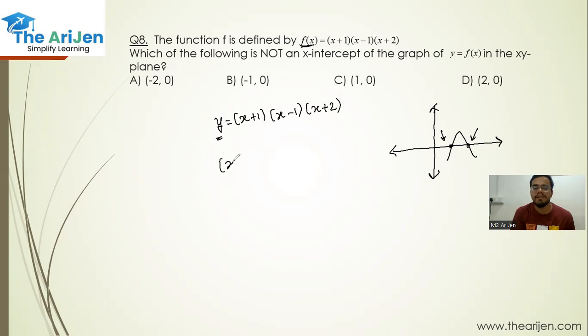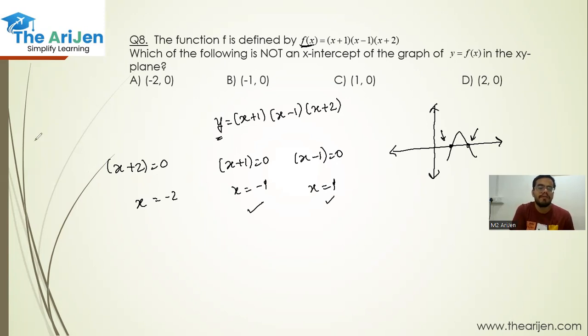If you equate each factor, x plus 1 equals 0, so x would be minus 1. This is a possibility. x minus 1 is 0, so x would be 1. This is another place where it will be touching the x-axis. And x plus 2 equals 0, so x equals minus 2. Right? So what points do we have? One point is minus 2 comma 0. Other is minus 1 comma 0, and 1 comma 0. Right? So these would be the points.